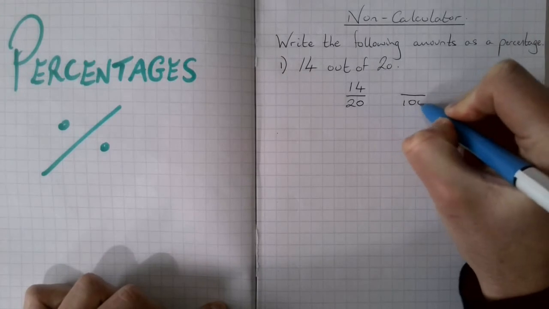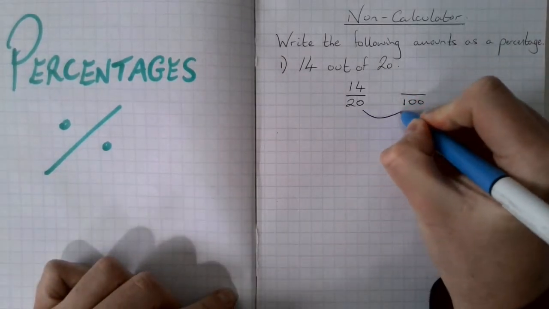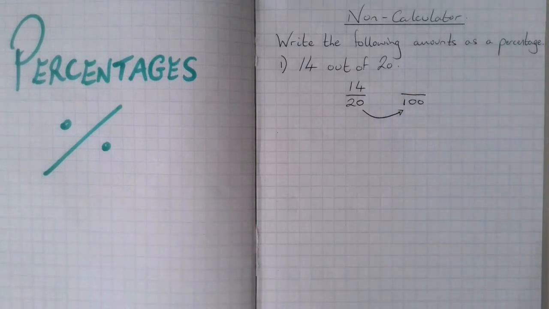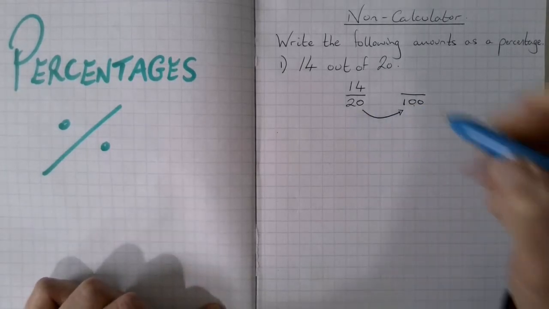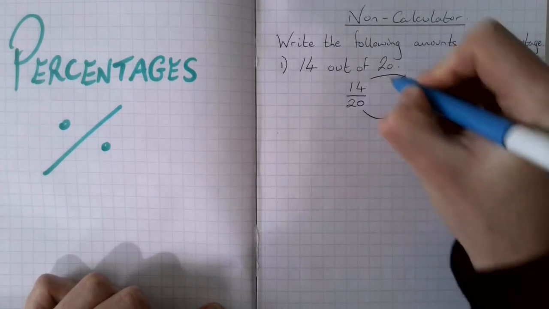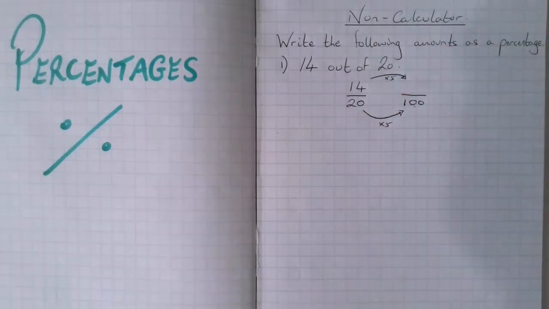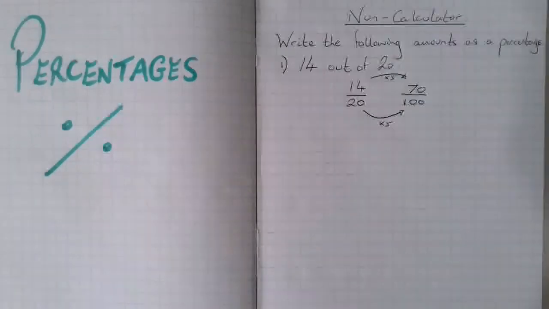So I know that's going to be out of 100 in my second fraction. So what do I need to do to my denominator to get from 20 to 100? Well, I need to times by 5. So I need to do the exact same thing to my numerator. So I need to times by 5, and 14 multiplied by 5 is 70. So now we've got a fraction out of 100.